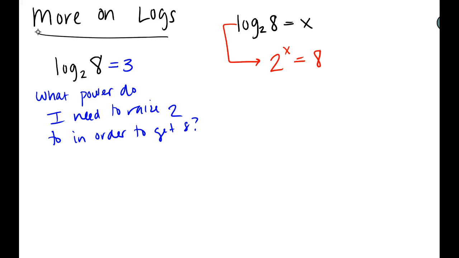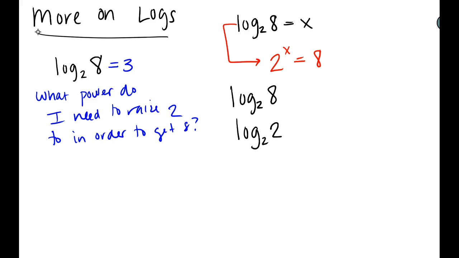Now, this stuff without calculators only makes sense if it works out as a perfect, easy power to actually evaluate. Another way to evaluate this is to think about what that argument is. So log base 2 of 8. Can we rewrite 8 as something?